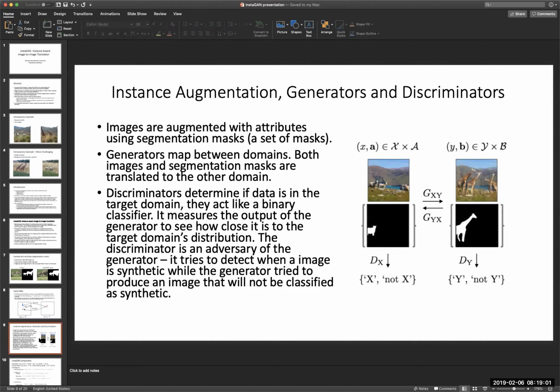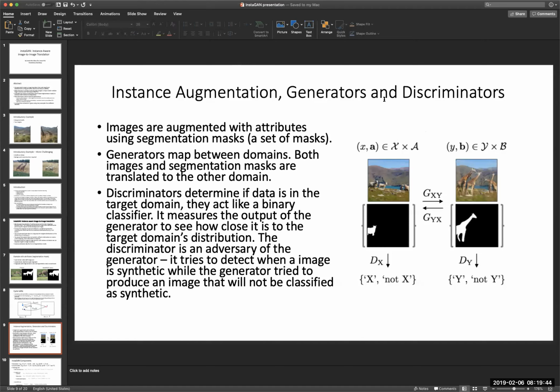So in the next slide, I'd like to talk a little bit about these individual terms again, with a diagram that shows how these functions interact. Images are augmented with attributes using segmentation masks, of course. That's shown in this diagram by color images, and black and white are the segmentation masks.